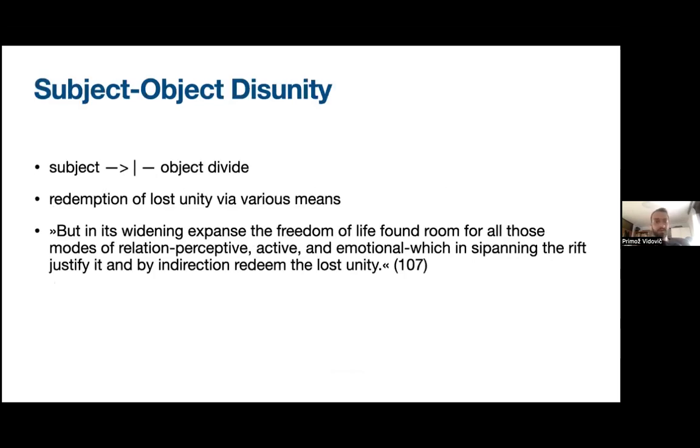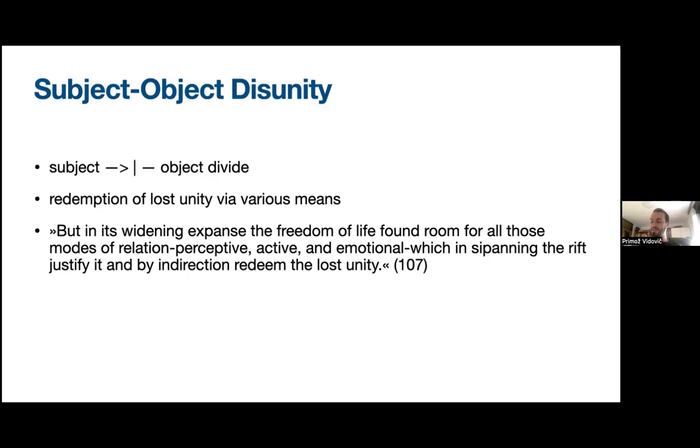And finally, we have this idea which emerges here of an ever greater divide between the subject and the object, which is present from the most basic level of organisms, but here really starts to be accentuated.